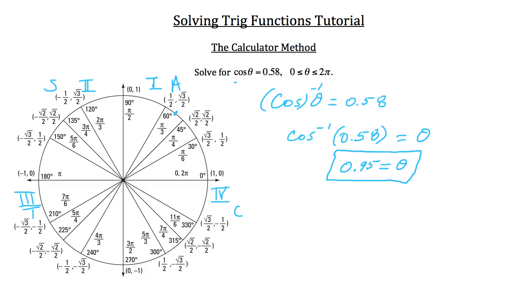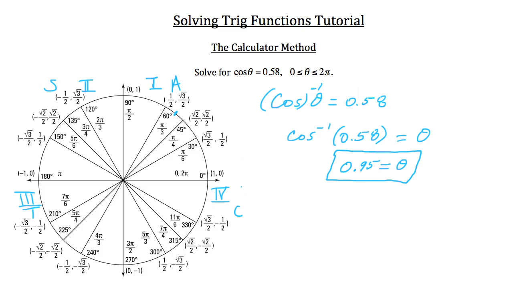Now, we know that cosine theta has a positive value. And it has a positive value only here in quadrant 1, where all trig functions are positive, and here in quadrant 4, where cosine is positive.